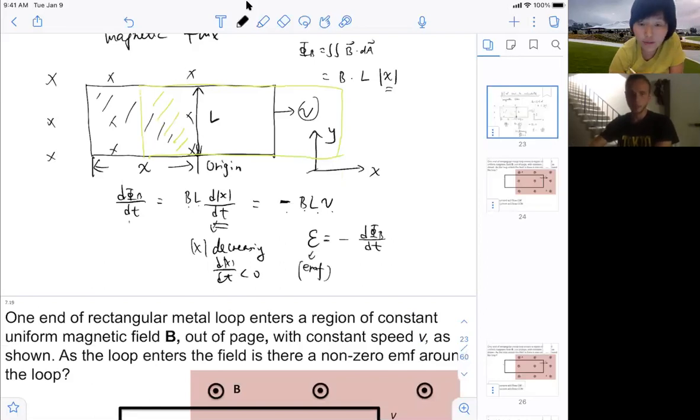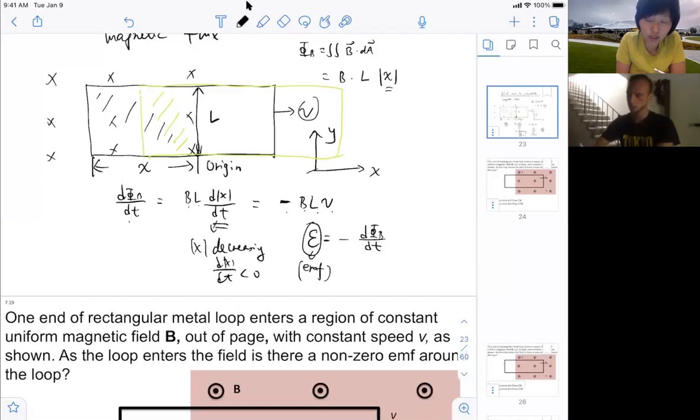So we calculate the same scenario two ways. One way we view it as motional EMF. Another way we view it as the change of flux over time. And it turns out, this is what we will later talk about, Faraday's law. Sometimes you don't even have to have motion. As long as you have a change in flux, you can generate an EMF.